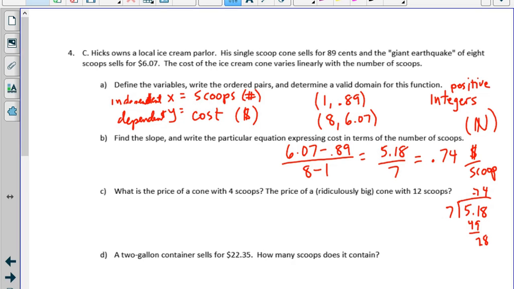So I can actually get that by hand if I needed to, let's say on the test, if it was a no calculator test, for example, which this test is.